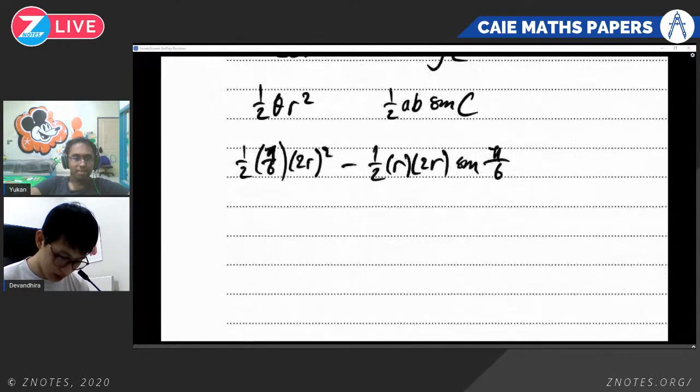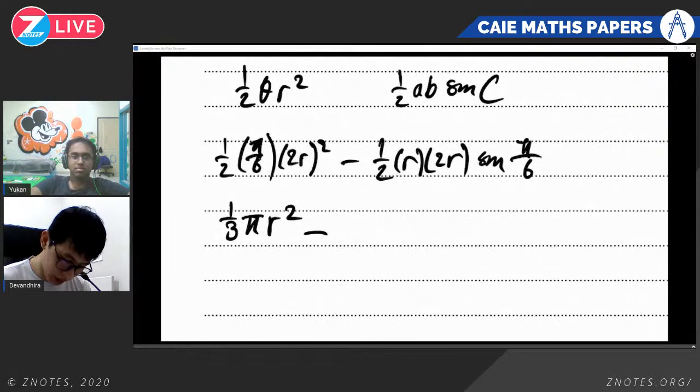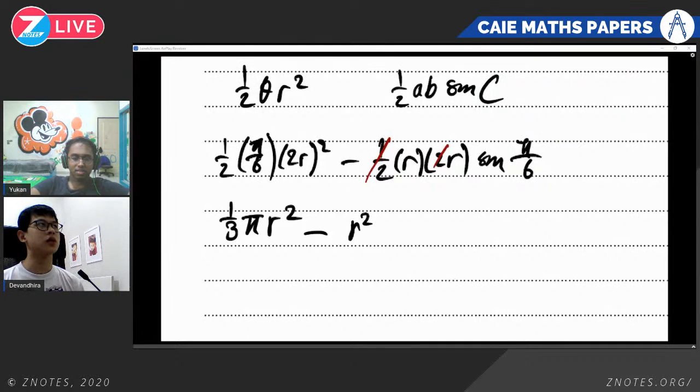Okay, let's simplify this a bit more. We have 4r squared, 4 divided by 12, that's 1/3. So 1/3 pi r squared minus, the half here cancels with the 2, r squared sine pi by 6. That's half. So it's half.